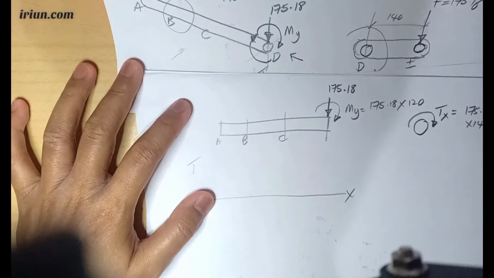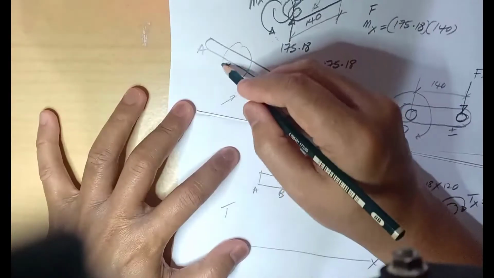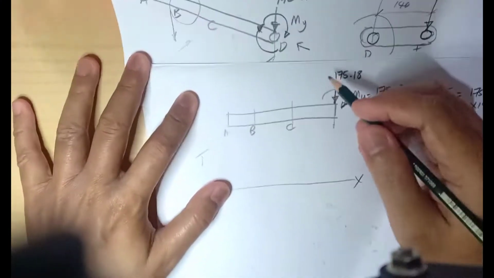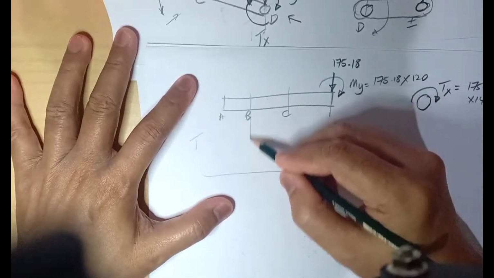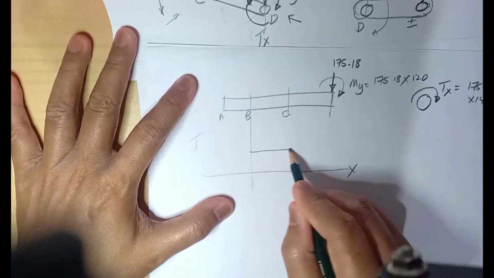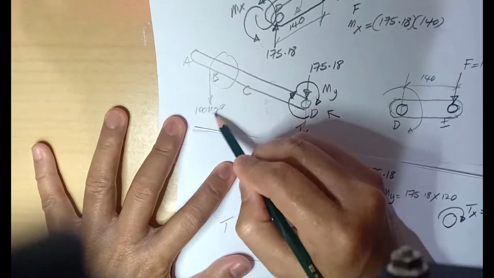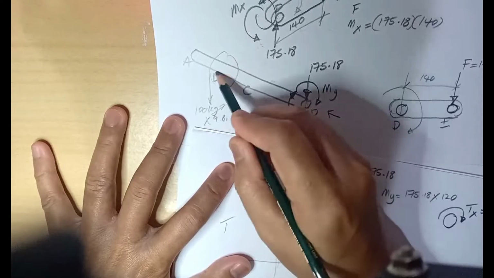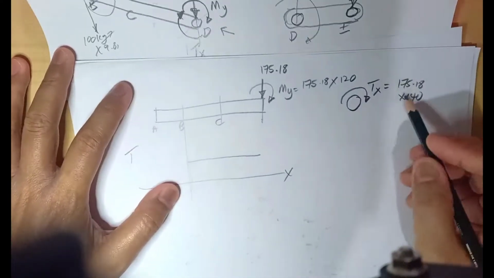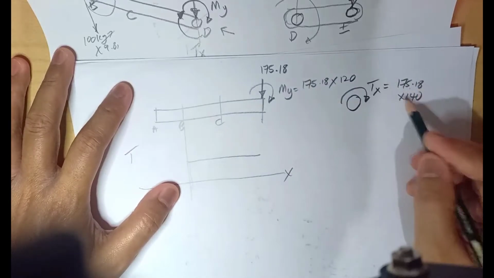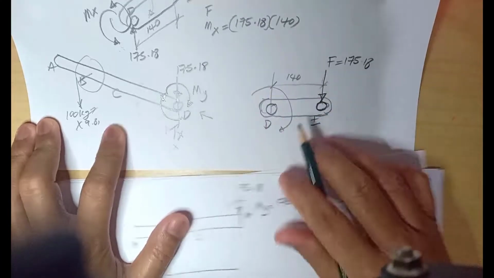If you look at the question, we have a pulley here, and the pulley is causing positive X. So at B we have positive, this is the value of our torque X. Since the force is 100 kilogram times 9.81 times the radius, the torque is actually 175.18 times 40, the same value as this torque, causing turning in this direction, and it must be counter-reacted.